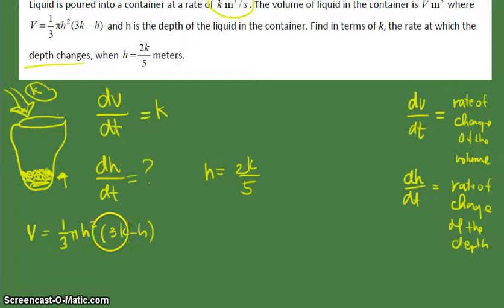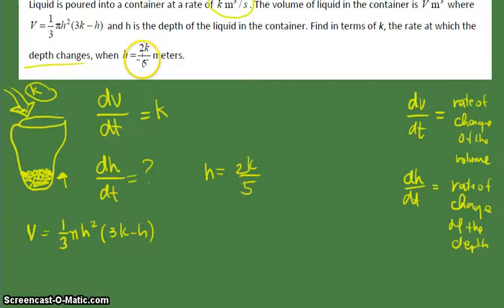Since this is a more complicated problem, it is necessary to express the right side of the equation in terms of one variable only. So either we change h into k or we change k into h. But since we want the derivative of h with respect to time, you cannot take away the h. You have to retain the h. Otherwise, once you differentiate, you will not get any dh over dt.